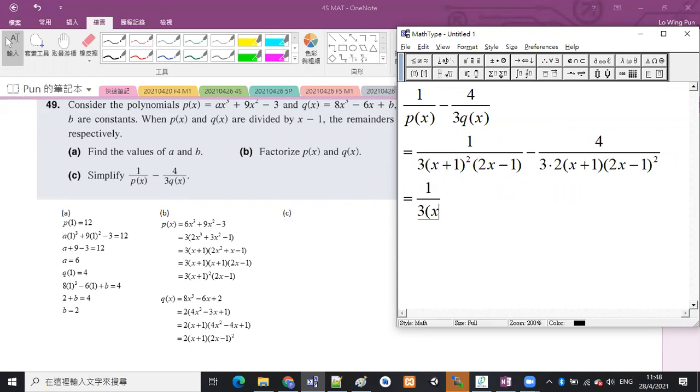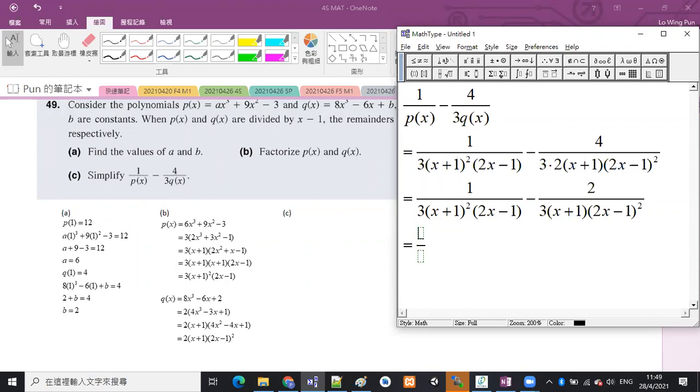So 1 over 3 times (x plus 1) squared times (2x minus 1), minus 2 over 3 times (x plus 1) times (2x minus 1) squared. It's okay. So I have cleared the common factor 2 within the second fraction. Then find the common denominator now.